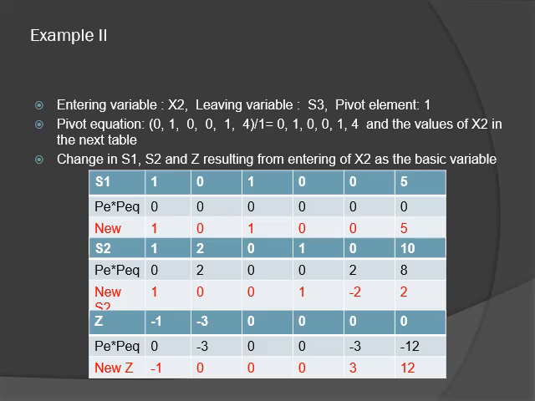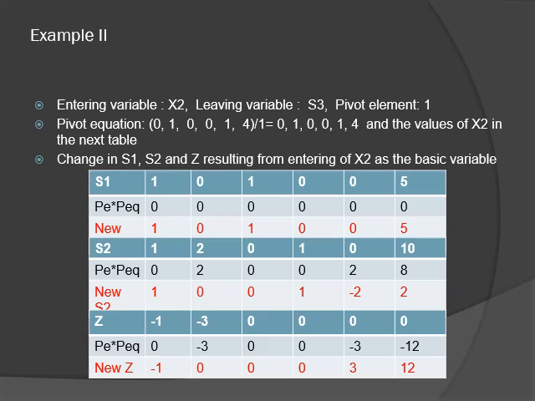The result of calculation gives that the new s1 is 1 0 1 0 0 5, the new s2 is 1 0 0 1 negative 2 2, and the new z is negative 1 0 0 0 3 and 12.